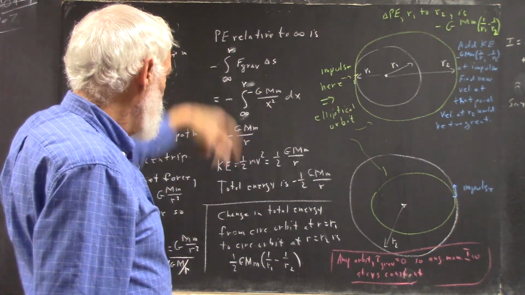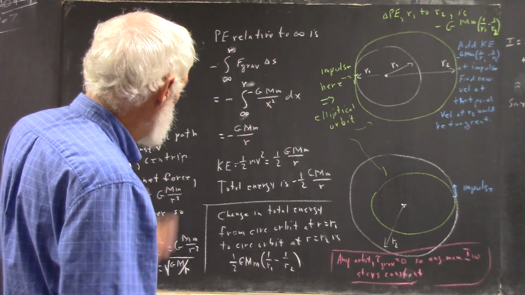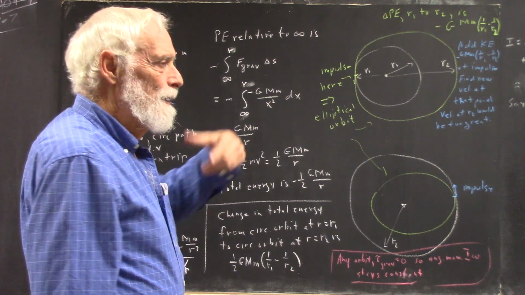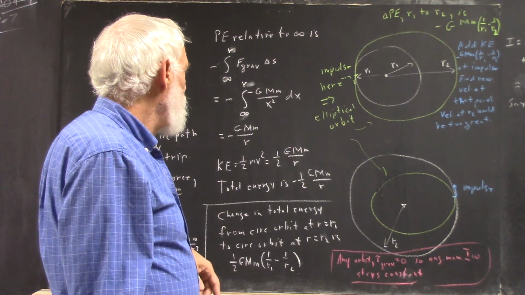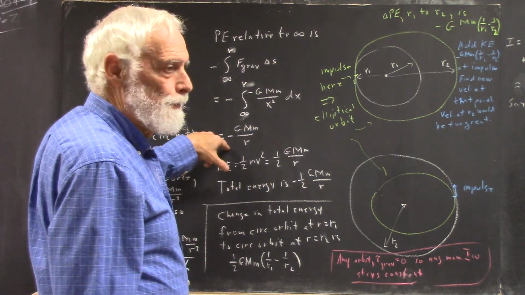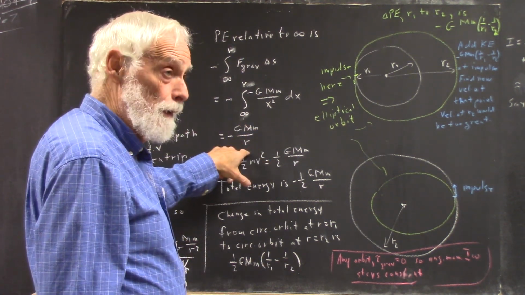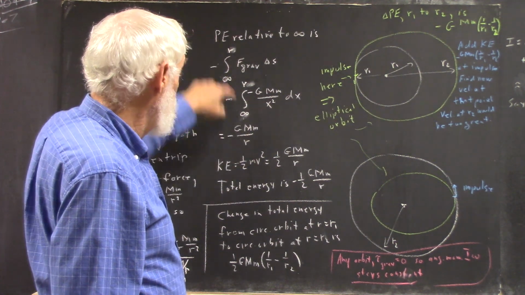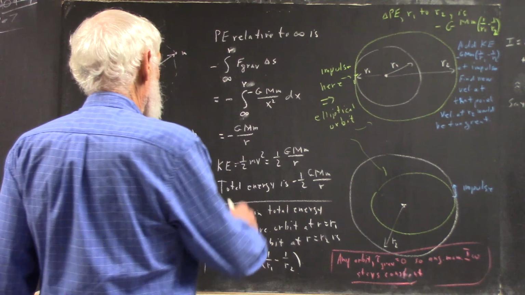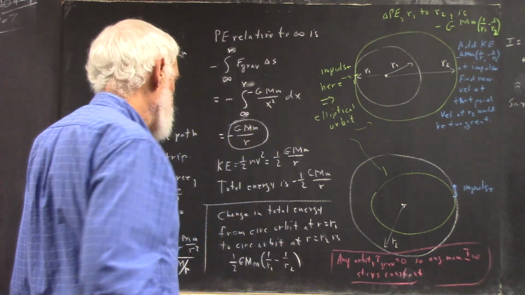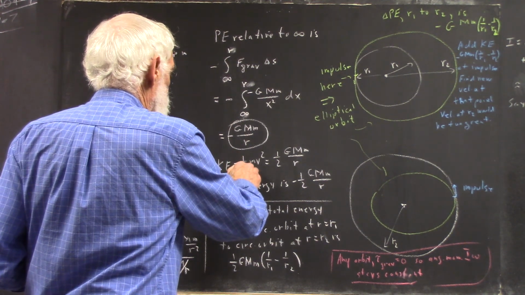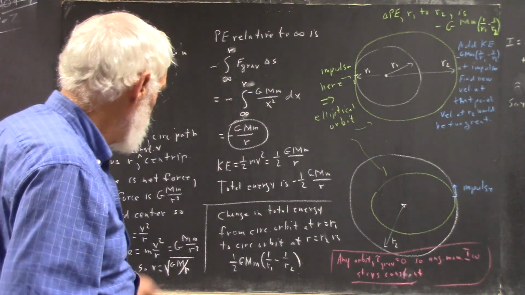I thought about it when I did that. I thought, no, the signs come out right, I must have done that right, I didn't. Okay. So anyhow, this does come out negative big G, big M, little m over r. That's your potential energy relative to infinity. I don't want to stop and think through the limits right now.